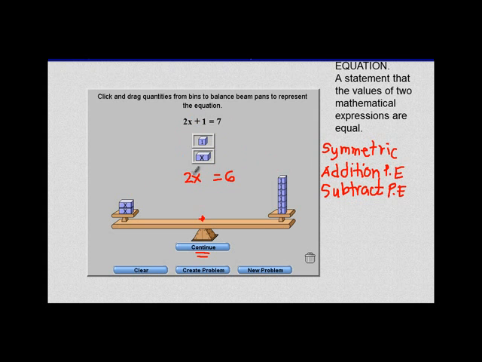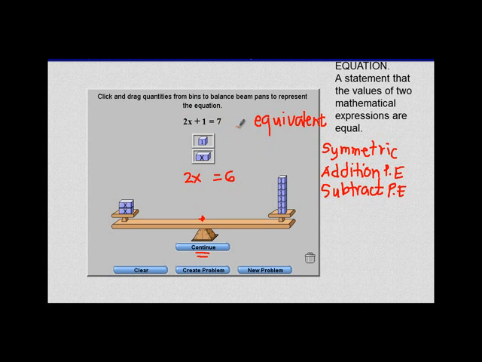Since this 2x equals 6 is the result of subtracting the same quantities from both sides of the original equation, we will now say that this 2x equals 6 is an equivalent equation to the original. So 2x equals 6 is equivalent to 2x plus 1 equals 7.